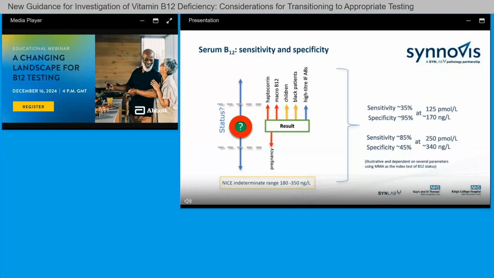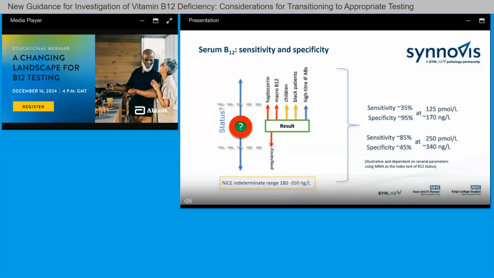But unfortunately, if you increase your cutoff for deficiency, you have a massive negative impact on the specificity of your assay. Suddenly, the specificity of your assay drops to about 45%. This means that most of the people who you are diagnosing as B12 deficient are actually replete and don't need treatment.